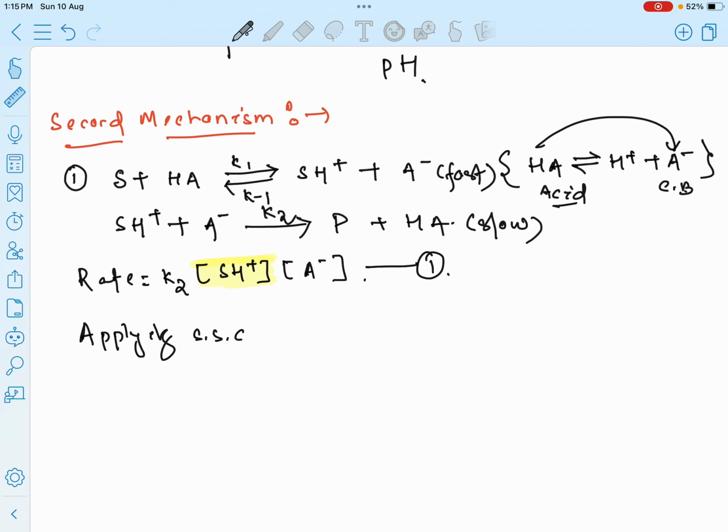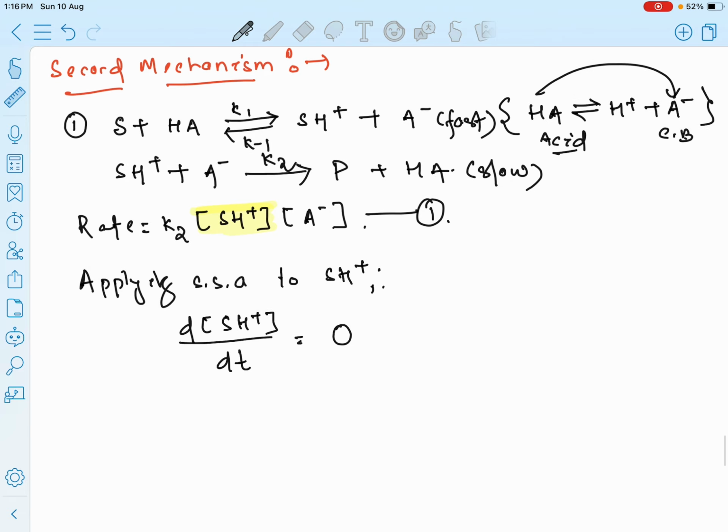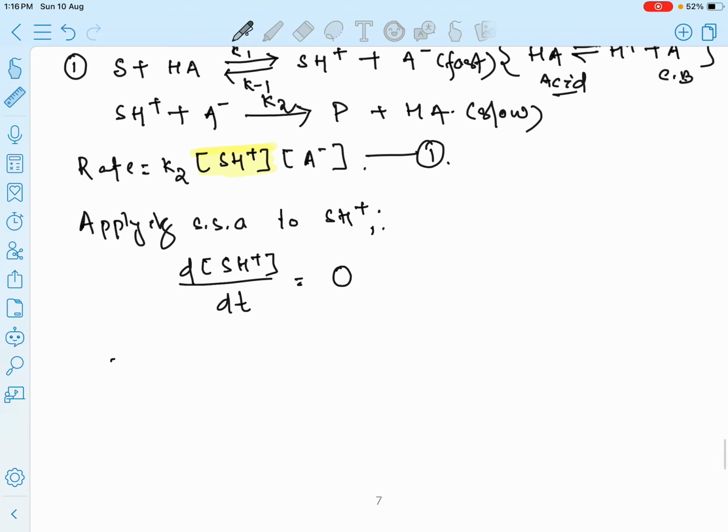steady state approximation to the SH plus complex, the substrate proton complex, and according to SSA, the change in concentration of substrate proton complex with time is constant. That is, the change in concentration with time is equal to 0. That is, the rate of formation of SH plus is equal to the rate of deformation of SH plus.